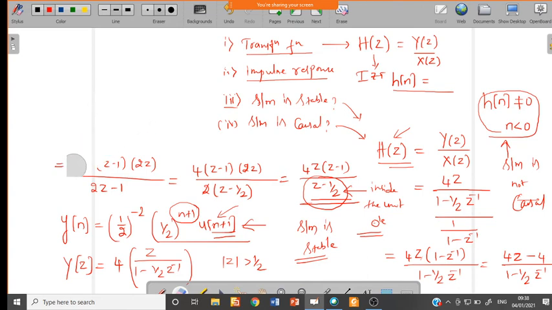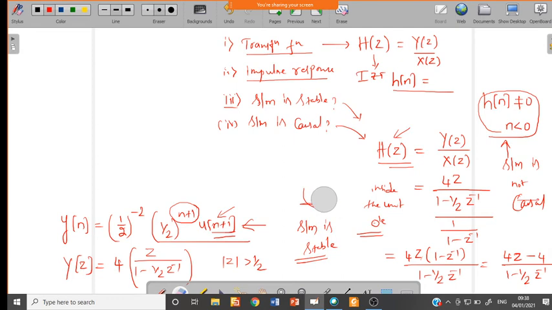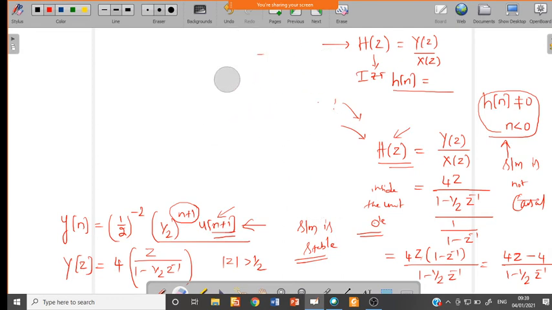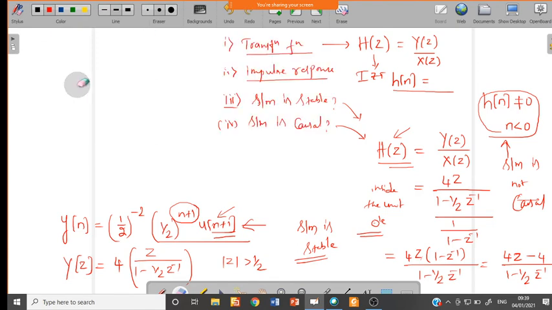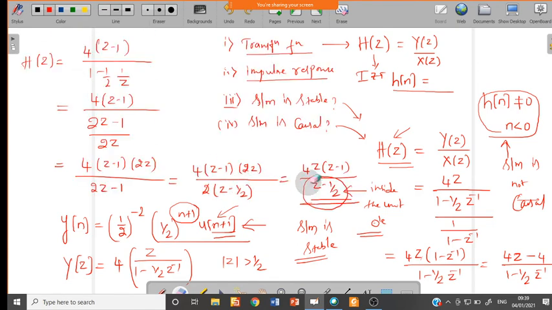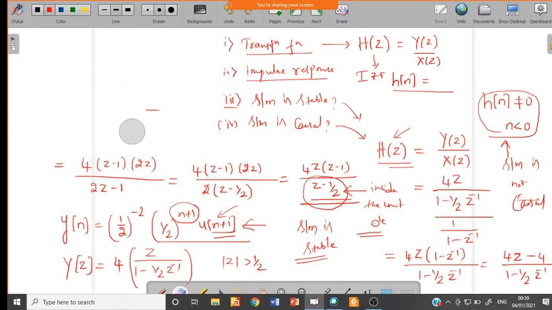Then we can understand better whether it is causal or not. So the final thing we got, we can write that and take the inverse z transform so that you will get h of n.